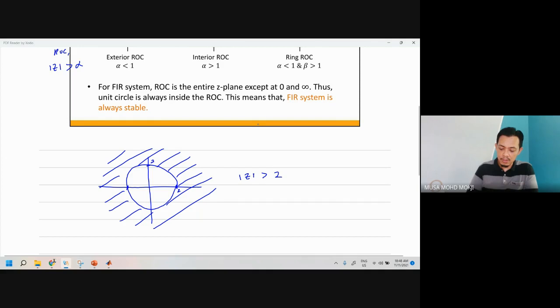This is negative 2, because after you convert it into radius, it becomes 2, but on that coordinate it is actually minus 2, and this is also minus 2. Where is the unit circle? The unit circle is supposed to be here. This unit circle is not within the ROC, so this system is not stable.